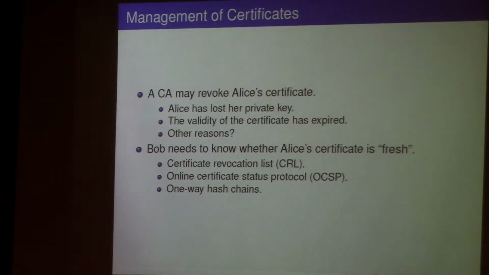So you can make an online query to the server and check whether the certificate is fresh or not. Each one of them will have its own advantages and disadvantages. But there is clearly a need for management of certificates. Certificates are not the end of the story. The entire thing is called public key infrastructure.